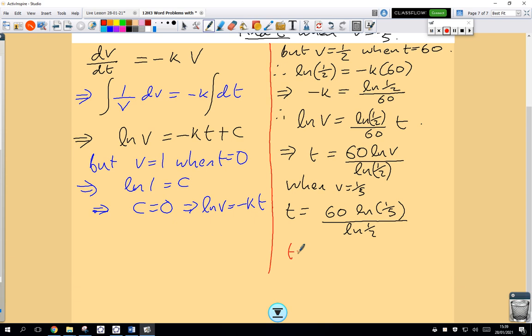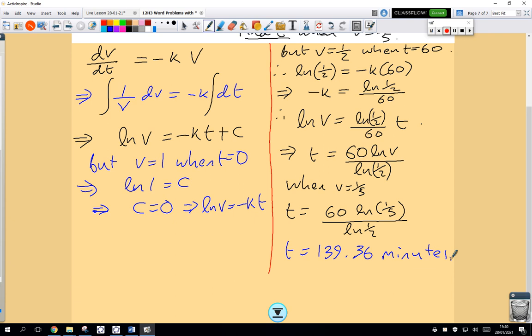So T, I'm getting T there to be, I'm going to say 139 point, I'll just round it off, 36. And my units there are minutes. So after 139.36 minutes, the tank is going to be 1/5 full.